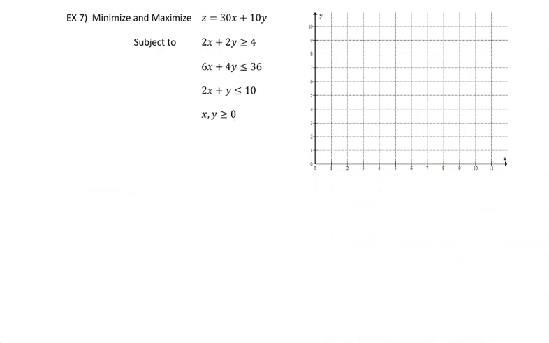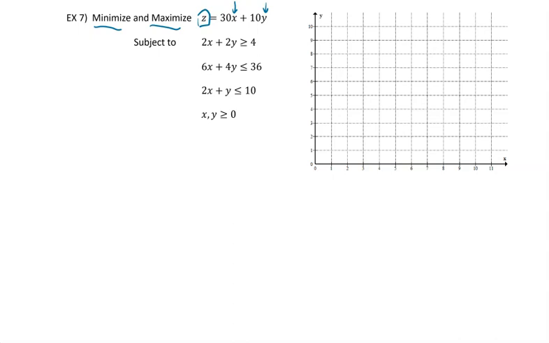So we're actually going to start a problem where we are going to be minimizing and maximizing a function. So first off, let's go through this and see what this problem is actually asking. Minimize and maximize z equals 30x plus 10y means that we are trying to find the x and y values that make z both as small as possible and as large as possible.